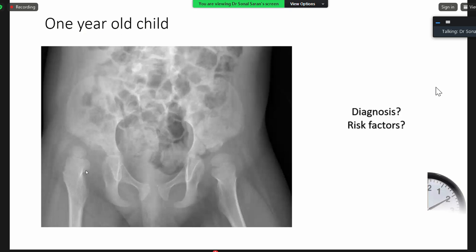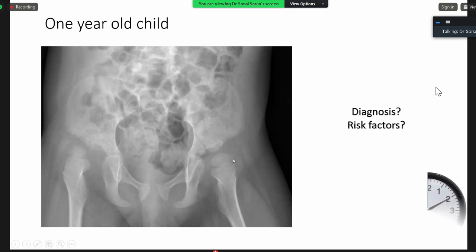So the answer is basically this child is having developmental dysplasia of the hip bilaterally, more severe on the right side. On the right side, we can see complete dislocation of the head of the femur outside the acetabulum. So this is a case of bilateral DDH.